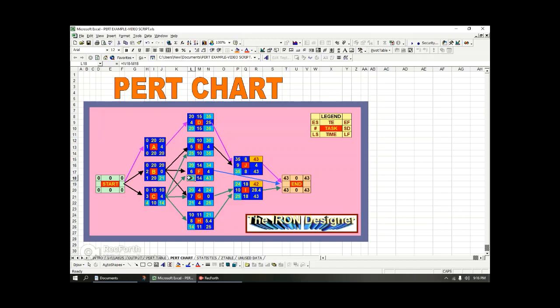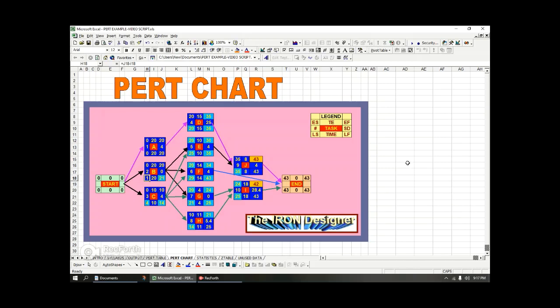So like here, 43 minus 14 is 29, right? And then B also has to take the lowest LF, it's the predecessor of E, F, and G, and of 21, 29, 25 we put the 21 in there because it's the lowest, and we subtract its TE, and we get a 1.